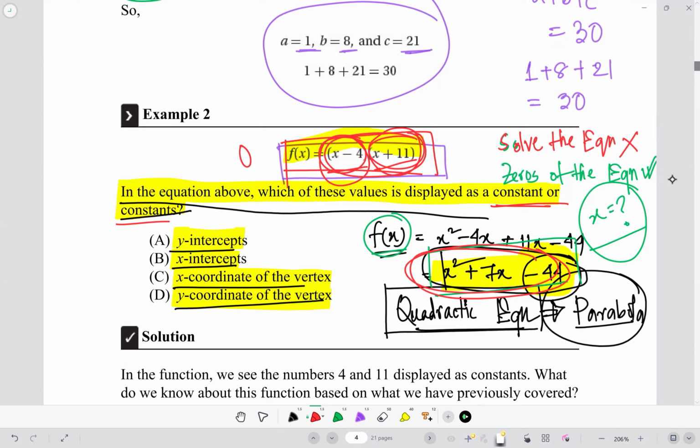Is that the y-intercept? Is that the x-intercept? Is that the x-coordinate of the vertex? Or is that the y-coordinate of the vertex? But we are not going to solve the equation, and we are also not going to make it a polynomial and then find its zeros, because that is too lengthy.